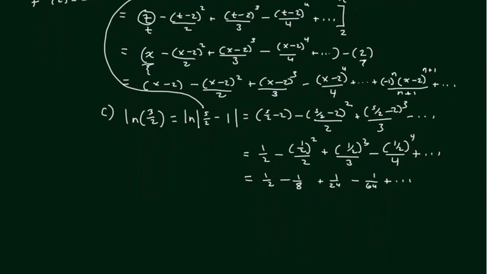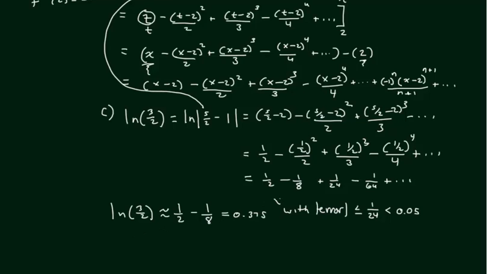And the question says compute a number that differs by less than 0.05. So we can say now that the natural log of 3/2 is approximately 1/2 minus 1/8, which turns out to be 0.375. Now here's the error part, with error in magnitude less than or equal to the first omitted term, the first omitted term being 1 over 24, and 1 over 24 is less than the desired 0.05.